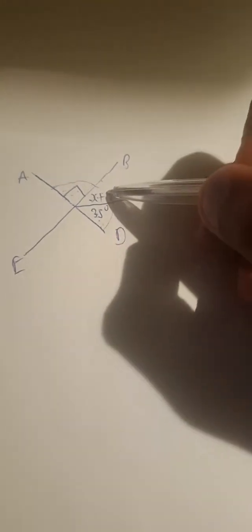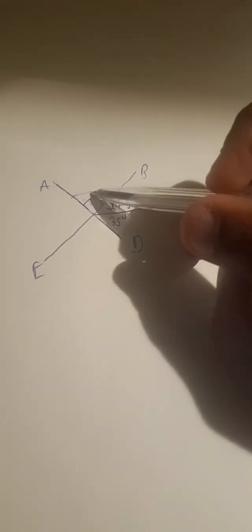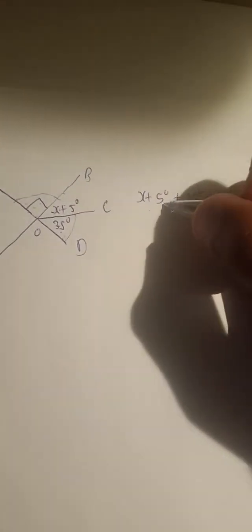So we can say x plus 5 degrees plus 35 degrees. We take the 35 and add it to x plus 5 because these are adjacent to each other. And then we also add 90 degrees, indicated by this box. This box means right angle. I think they wrote O here, which is that point O. So x plus 5 degrees plus 35 plus 90 is equal to 180 degrees.